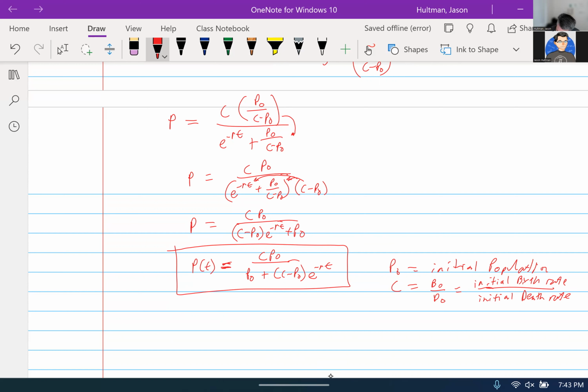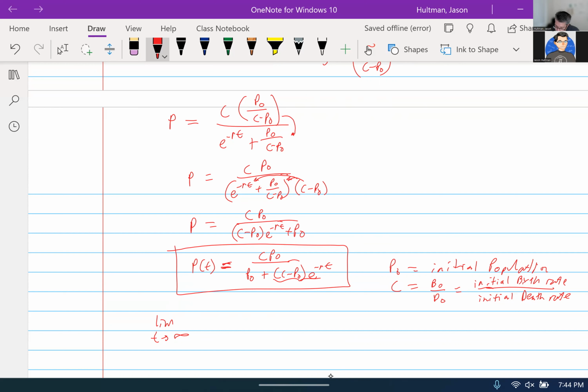Okay, so we can see that if we take a limit as t goes to infinity, then this thing goes to 0. e to the negative RT is going to go to 0 as t goes to infinity. So that's going to push this term to 0, and then I would just get C times P naught over P naught.